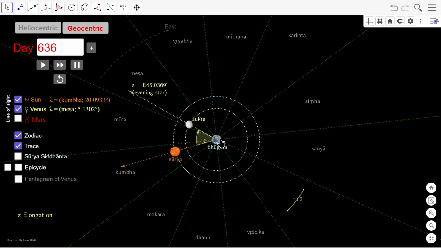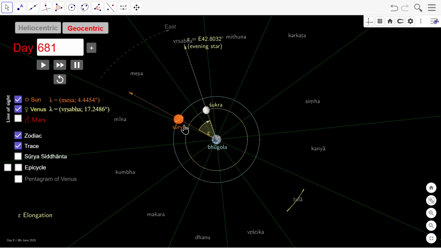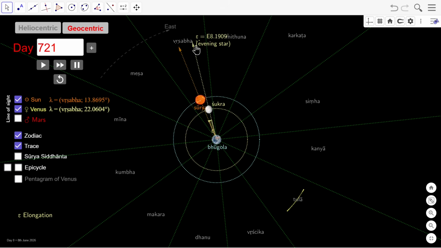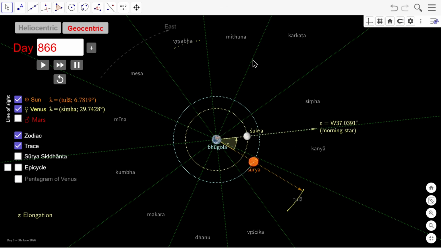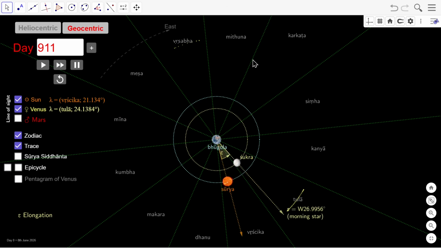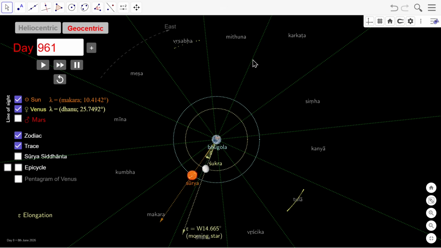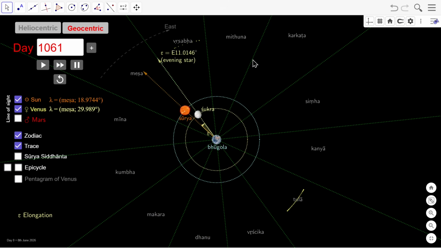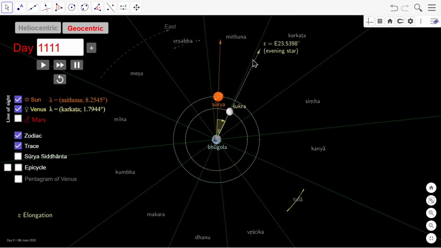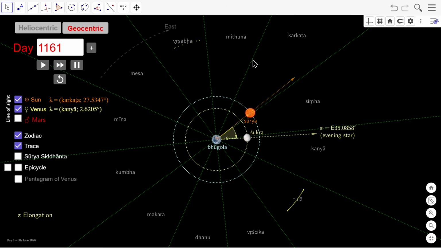You will see soon the second retrograde movement will happen here. There. Second retrograde movement happened. All 5 retrograde movements will happen, and I will even show you the pentagram of Venus with the wrong orbits. And morning star, evening star happening with absolute regularity, exactly as it happened in my previous heliocentric model.